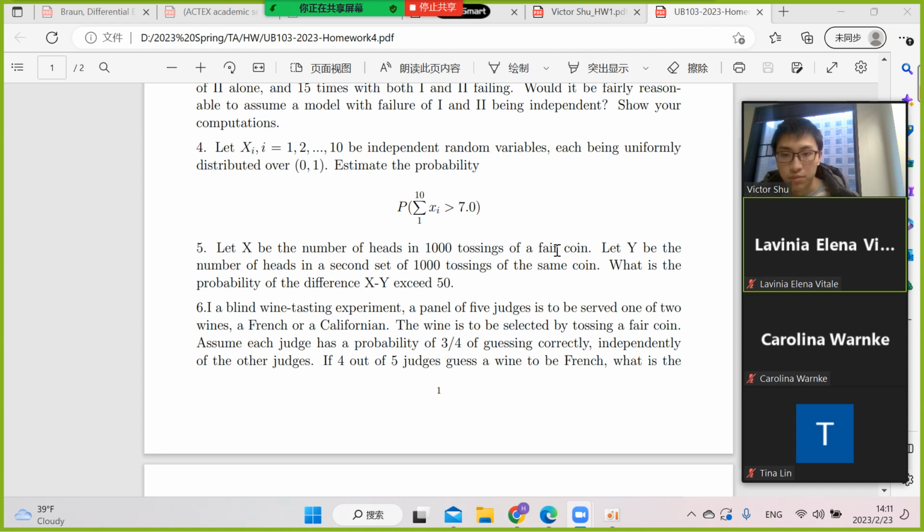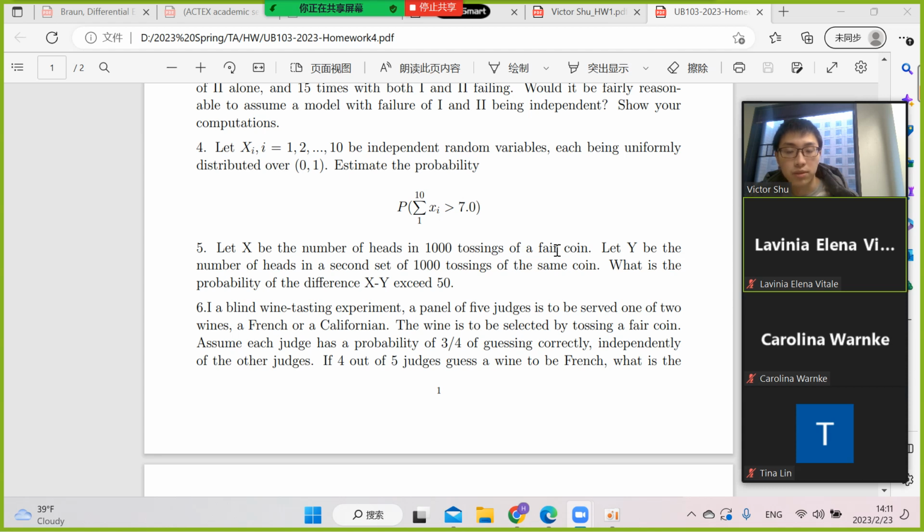Now the question is, what's the distribution of x minus y? So basically, x has an expected value of 500.